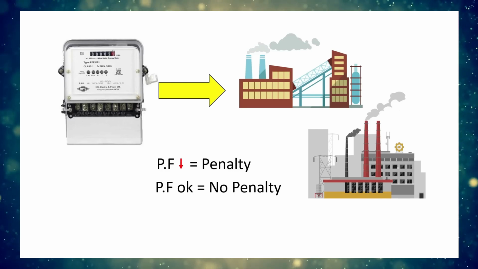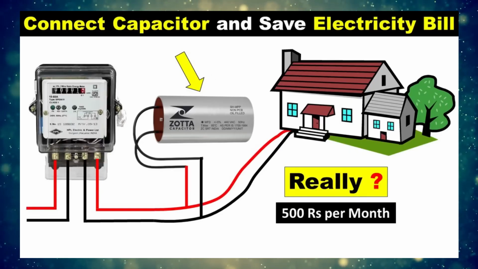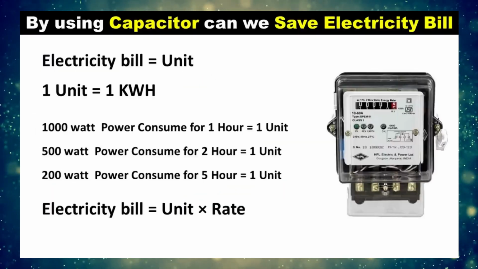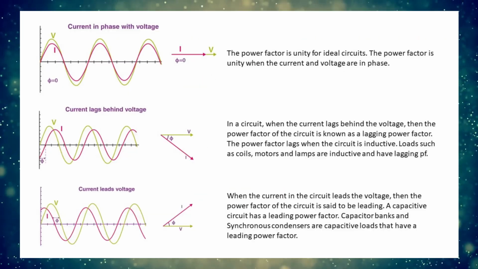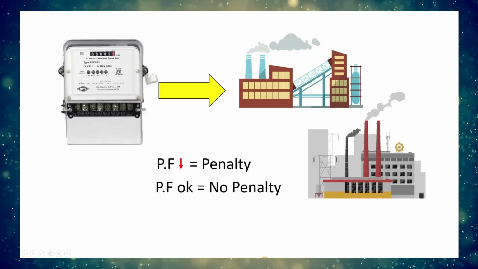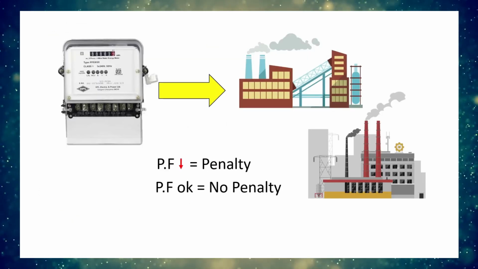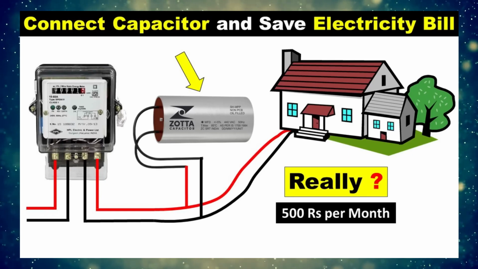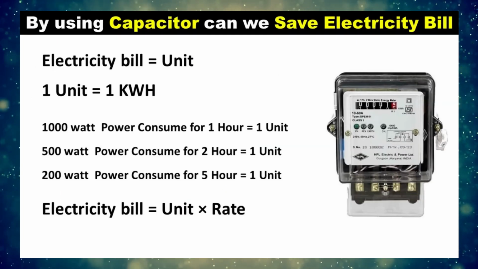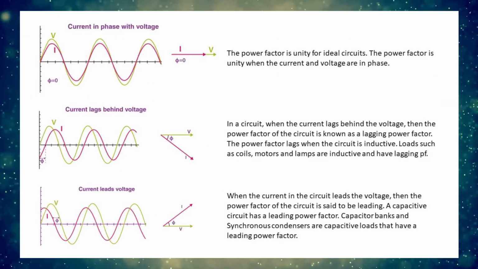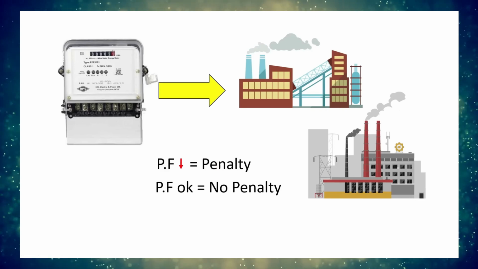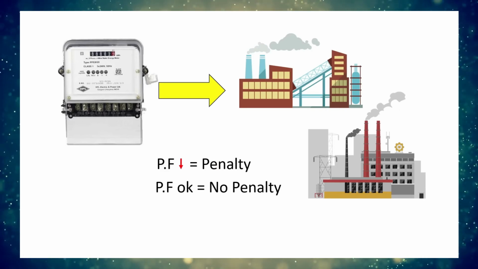In your home, if a three-phase power supply is coming and the power factor of your home is low, then it may be possible that you are paying a penalty. If you want no penalty to be charged to you, then keep the power factor improved. So I hope you understood that on connecting a capacitor, there won't be any change in the electricity bill, but by improving power factor, we can remain safe from penalty.